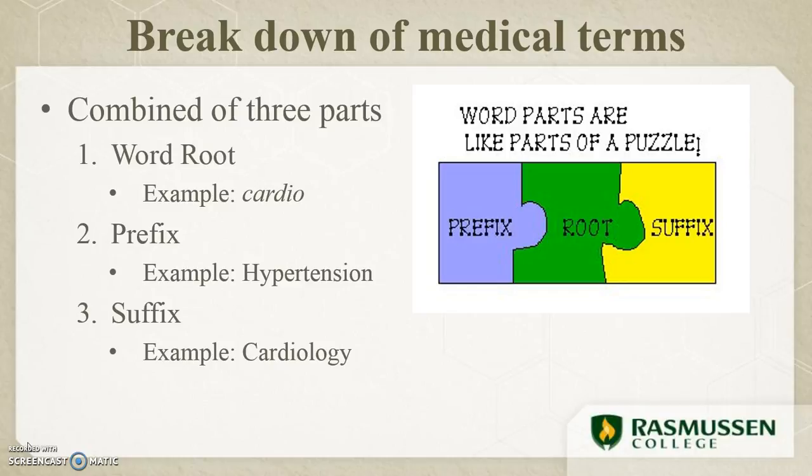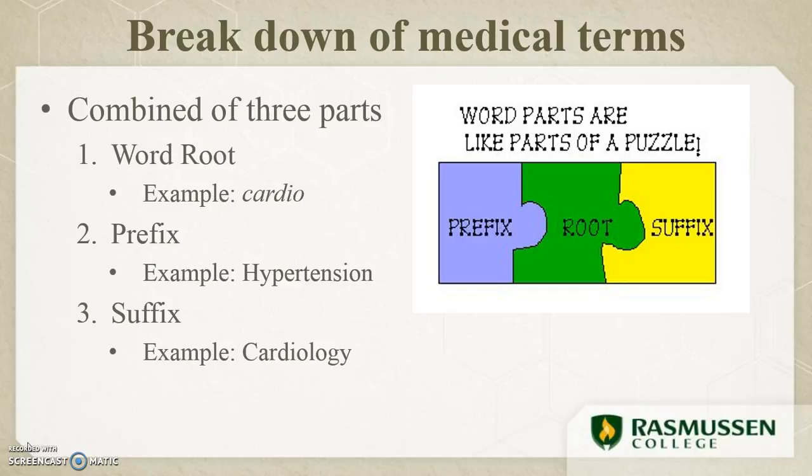Ology means study of. Now sometimes a combining vowel is needed before you can join a suffix to a word root, or when you're using 2 word roots and joining them together. The combining vowel is usually the letter O, but sometimes can be a different vowel. The purpose of a combining vowel is to make the word easier to pronounce.